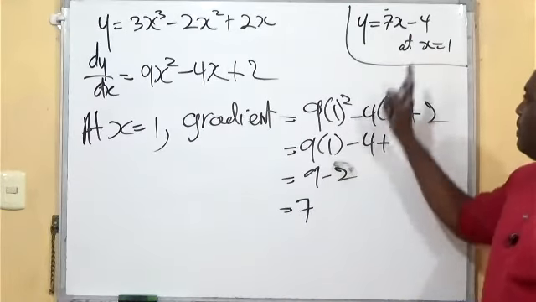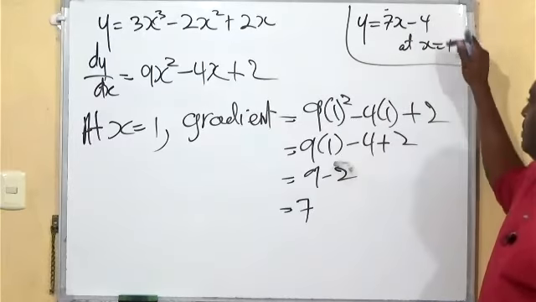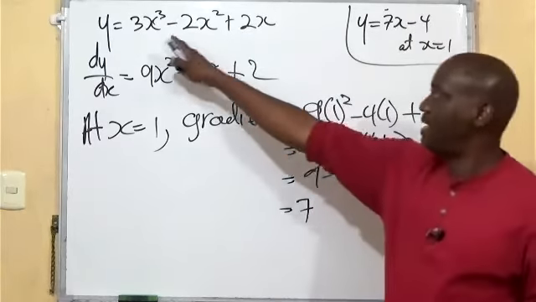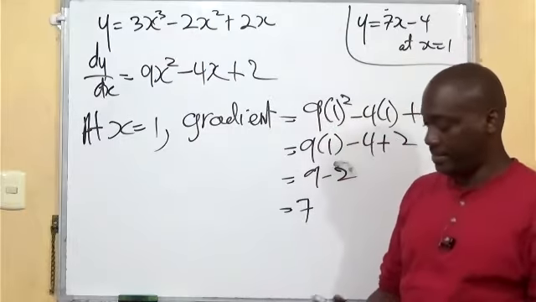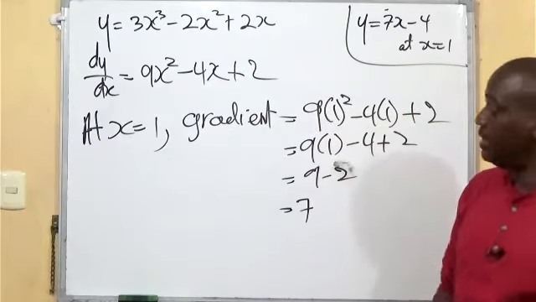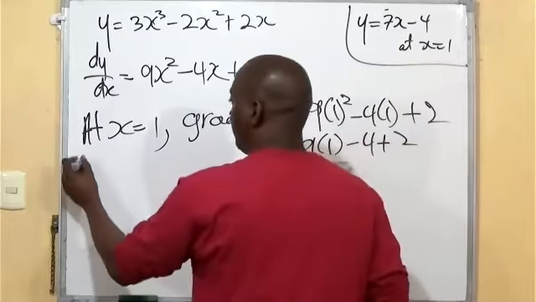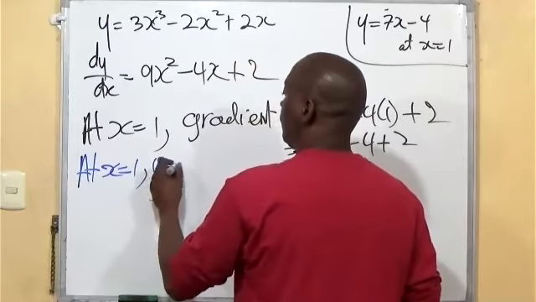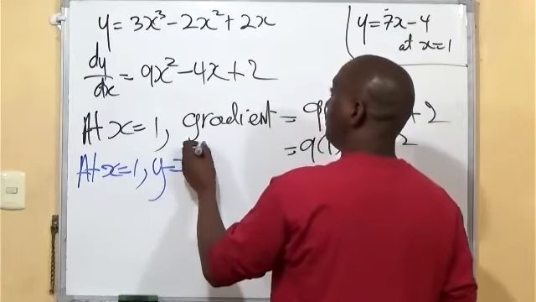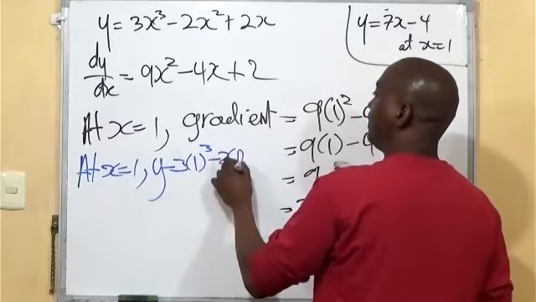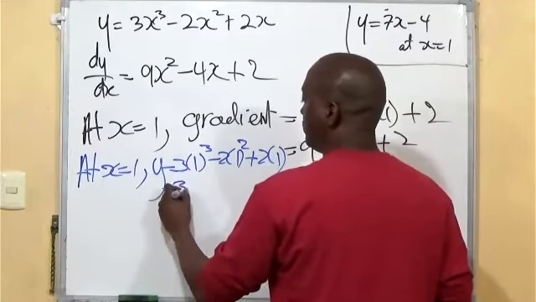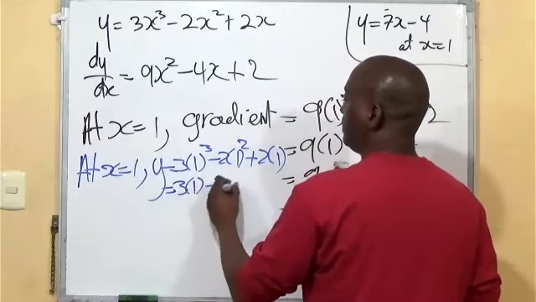Right, so we have the gradient and we have the x coordinate, but to find the equation, we need the y coordinate as well. So we had to go back here to find the y coordinate, right? So let me chuck it in the corner here now, a different color ink. At x equals 1, y is equal to 3 by 1 cubed minus 2 by 1 squared plus 2 by 1, which is equal to 3 by 1 minus 2 by 1.